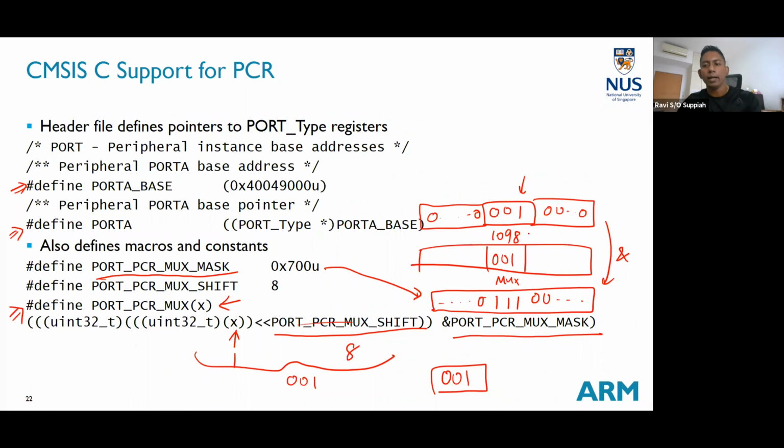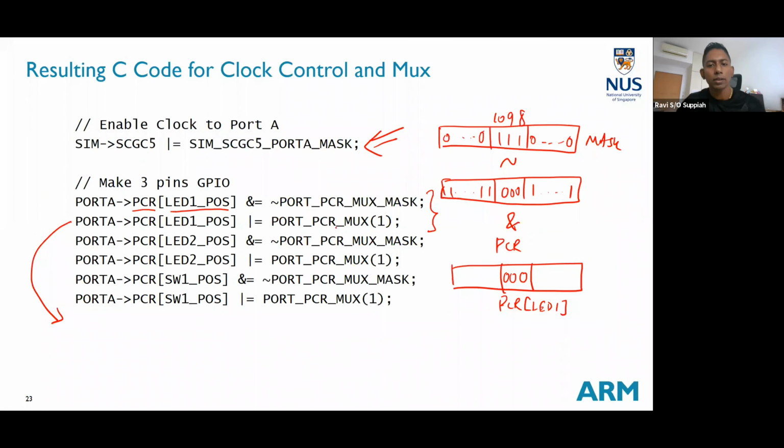And so the final value will be the entire 32 bits, but 8, 9, and 10 reflect the value that I passed into X. So this one macro, PORT PCR MUX X, does all this for me. When I call PORT PCR MUX 1, it automatically does all this masking in the background and makes sure that the value 1 is in bit positions 8, 9, and 10. That is what the macro is doing for me.